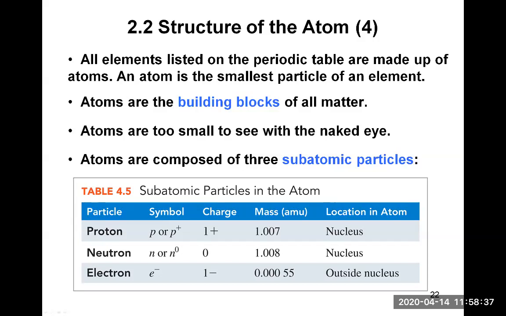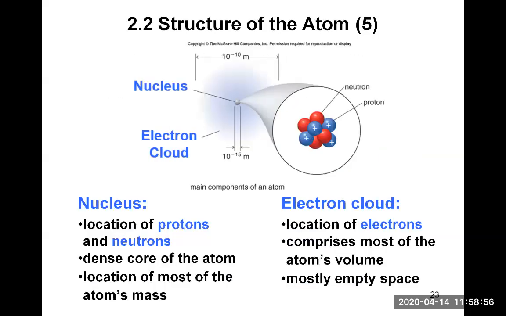So these 3 particles are inside the atom. And so the atom is typically represented by a sphere, or those balls we saw in the previous section. They represent the full atom. So the nucleus is like a dense core in the middle of the atom.